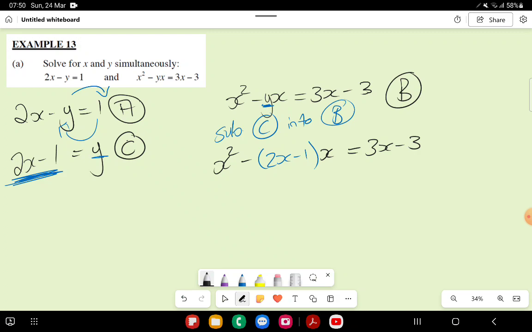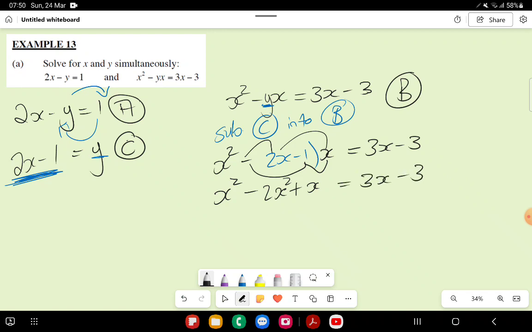Now I'm going to solve this one, and I'm going to say x squared minus distributive property. So remember, it's the minus and it's the x. They're on two opposite sides, but they both need to go in. So it's minus 2x squared. The minus and the x becomes positive x, or positive 1x, is equal to 3x minus 3.